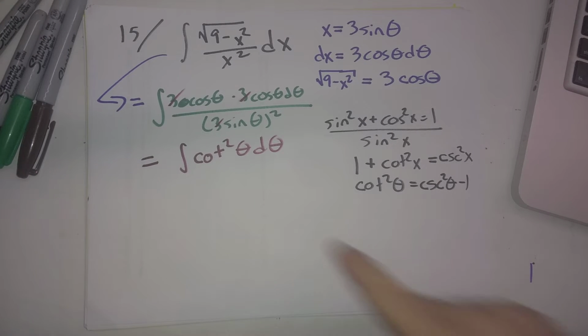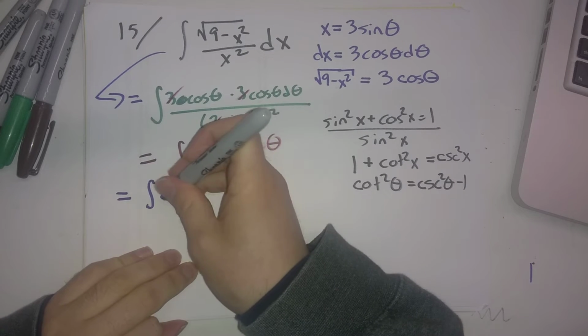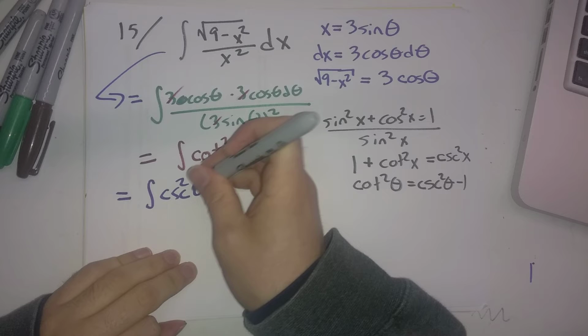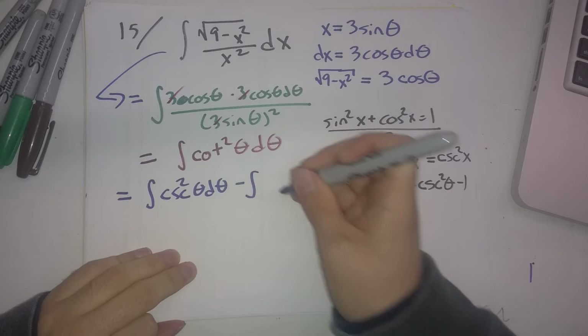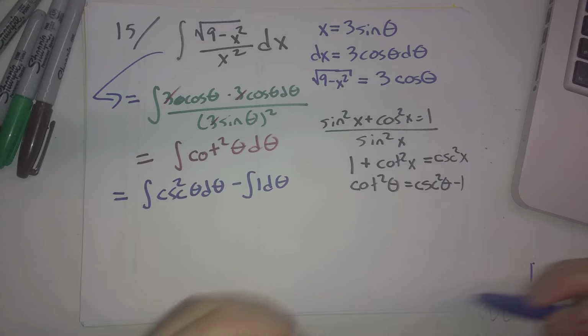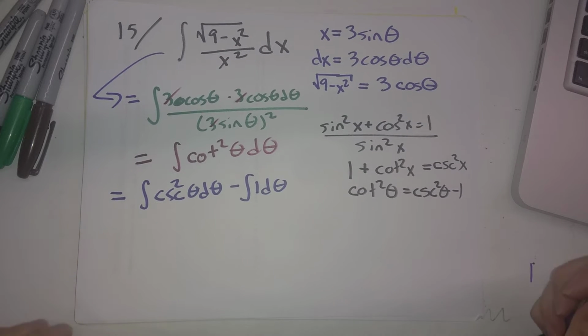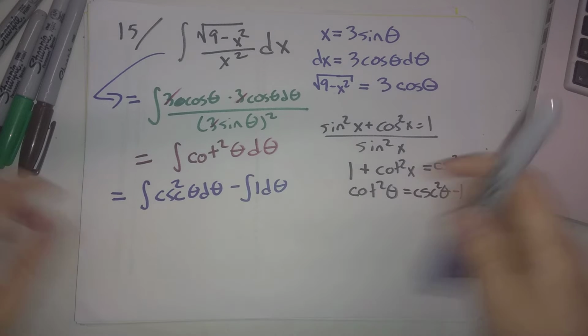So we're going to replace cotangent squared theta with cosecant squared theta minus 1, because cosecant squared theta is a function for which we should, off the top of our head, know the antiderivative.